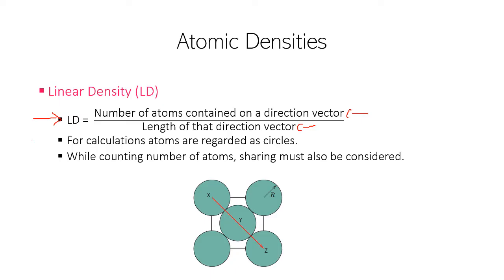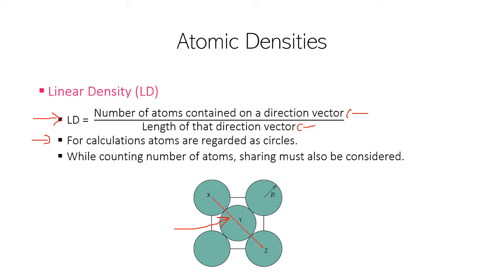For calculations, the atoms are regarded as circles, and while counting the number of atoms in the numerator of the formula, sharing of that atom must also be considered. What this means is that if we consider this direction as shown by the arrow, then there are actually three atoms whose centers lie on this direction: x, y and z.